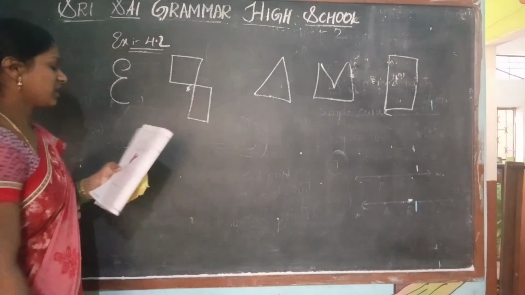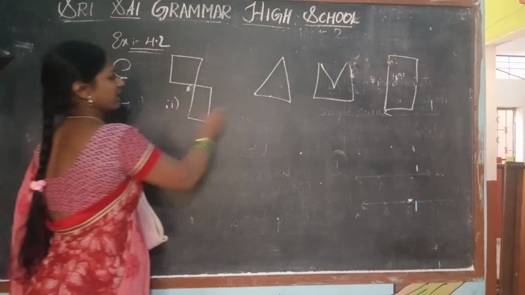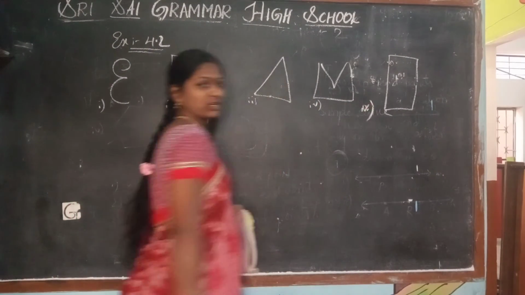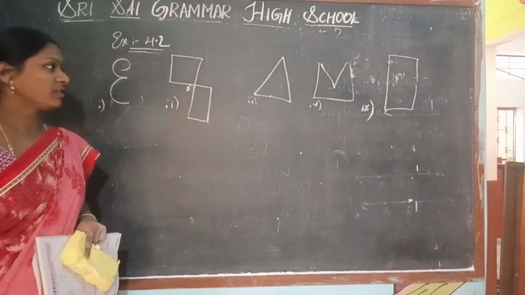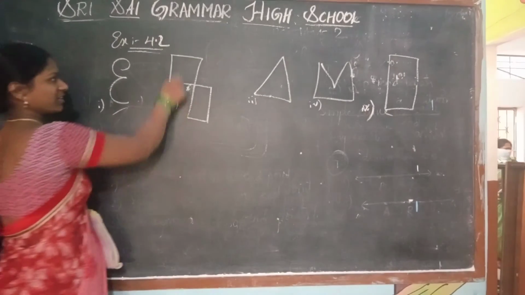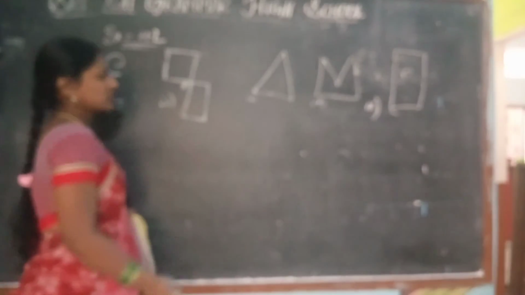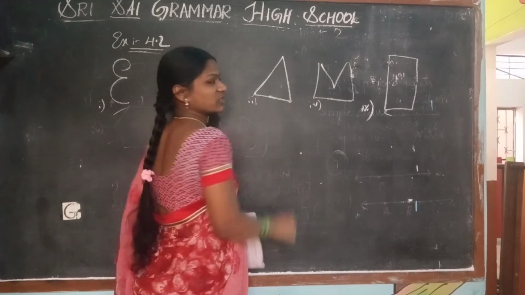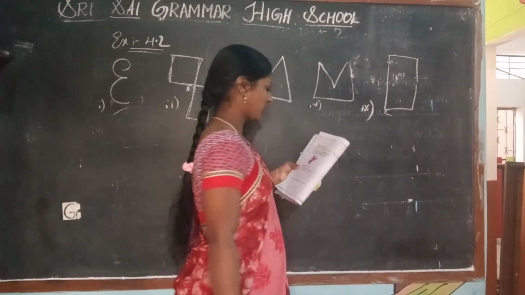See, this is first, this is second, this is third one, this is fourth, this is fifth. From this we have to identify which is an open curve and which is a closed curve. Now see, it is open, and here when you observe, all lines are closed, so it is closed. Here also it ends with all the points, and it is also closed with all the lines. Then here it is also closed.